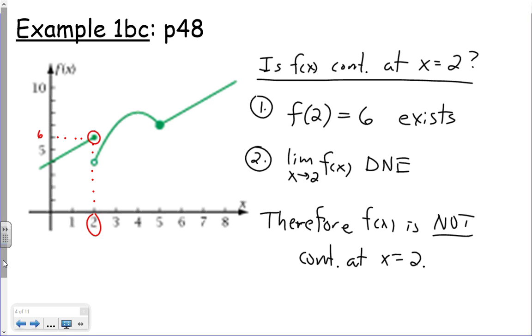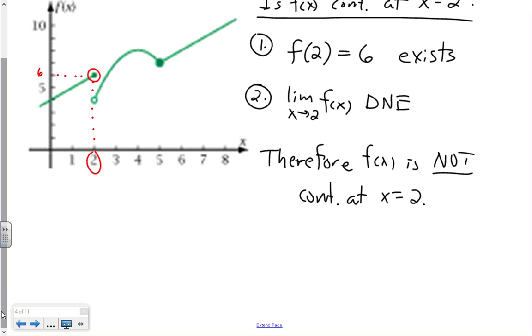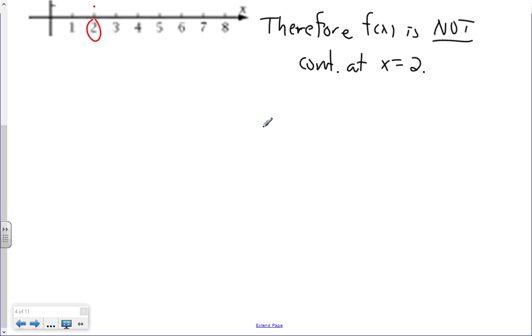All right, that's checking for continuity at x equals 2. Let's do the same thing, but check for continuity at x equals 5, which is the second question they're asking us here. So is f of x continuous, I'll abbreviate that again, at x equals 5?